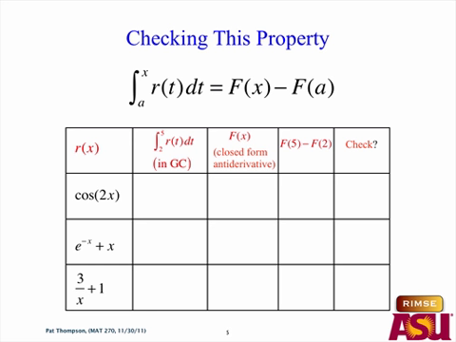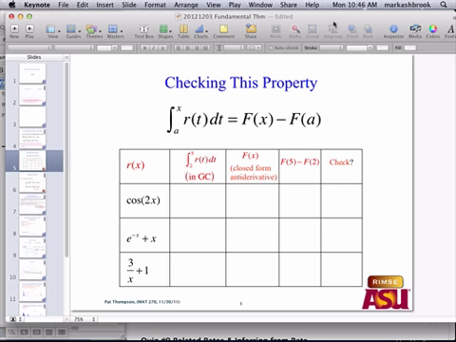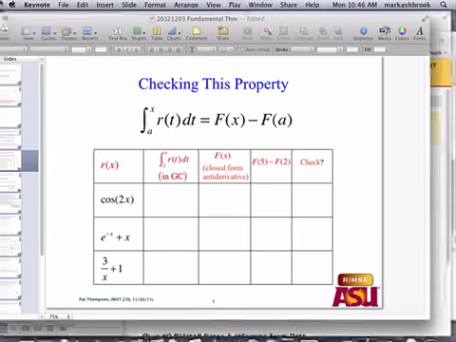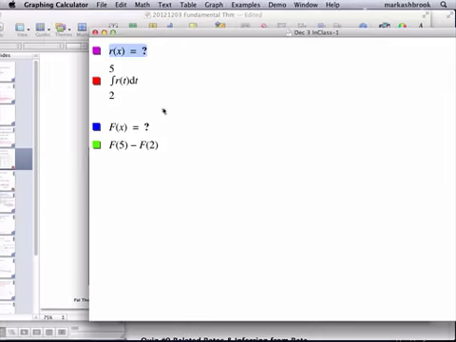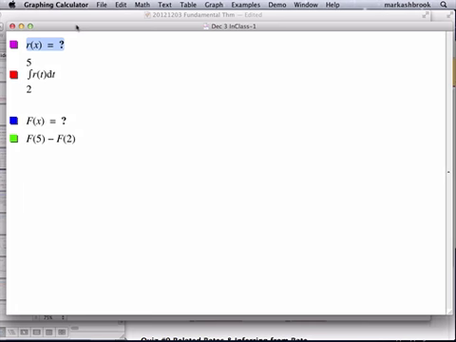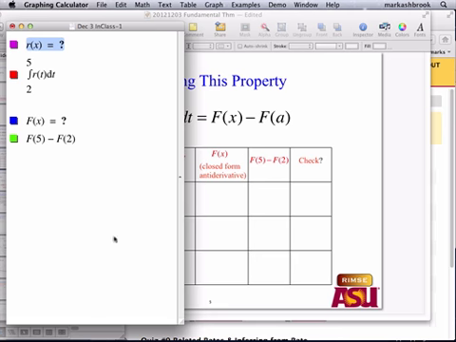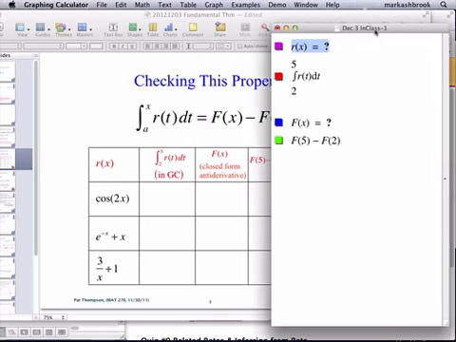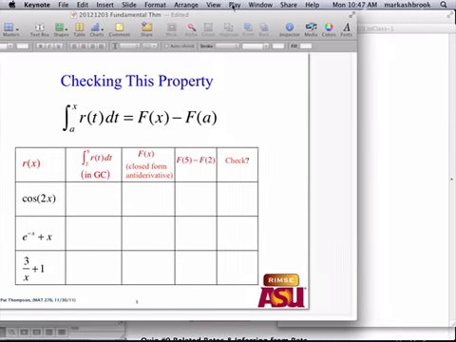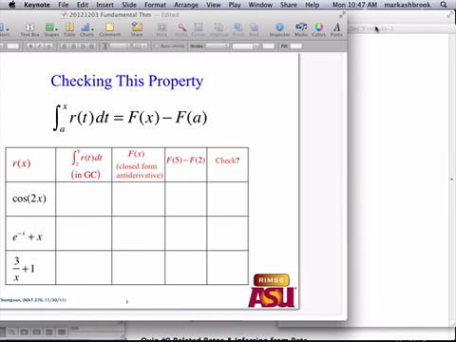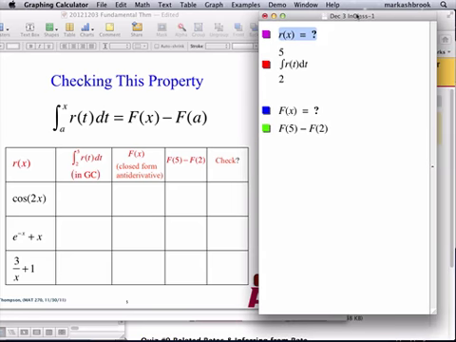Okay, this should go pretty fast. So not even graphing, we're just going to, there we go, perfect.